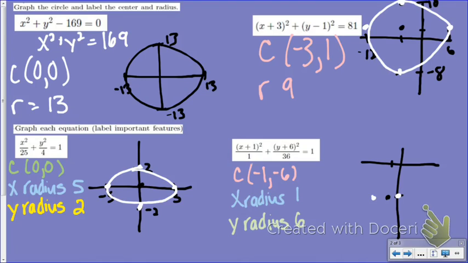Then I'm going to go up from that center 6. So I'm going to go up 6 to 0 and down 6 to -12. And then I just need to connect those 4 vertices, and I have my ellipse.